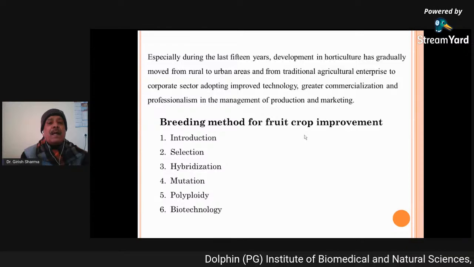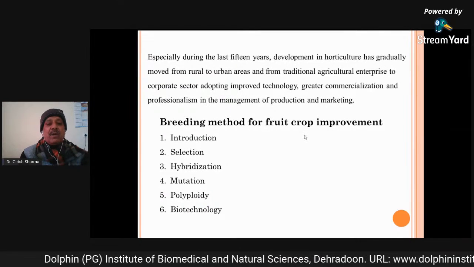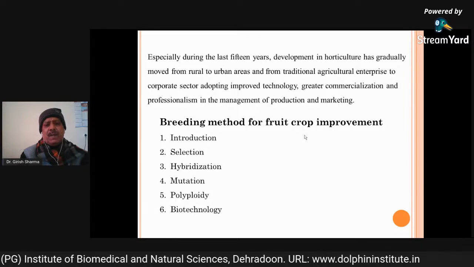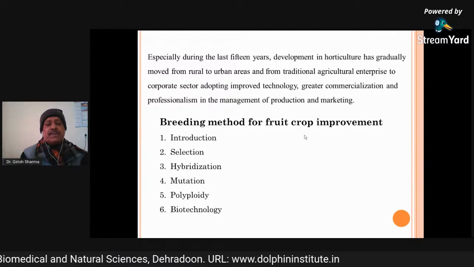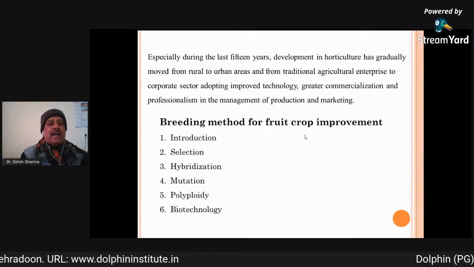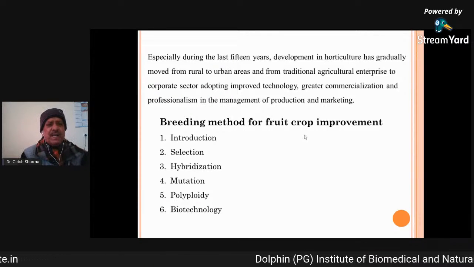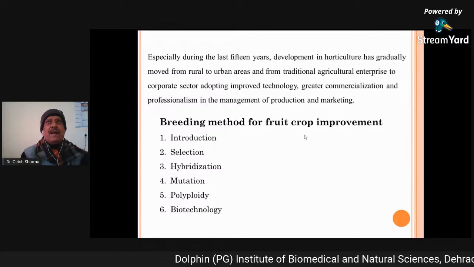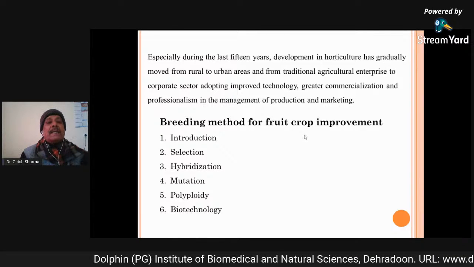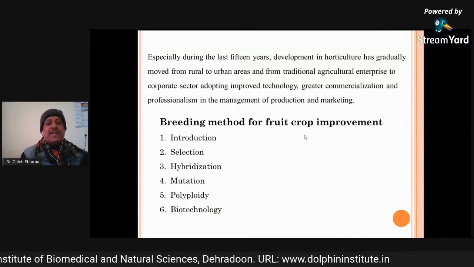And now, presently, that was a raw material of introduction, but now very precise ways have been found out. That is, the place where introduction has to be made and from where it is to be made should match climatically.